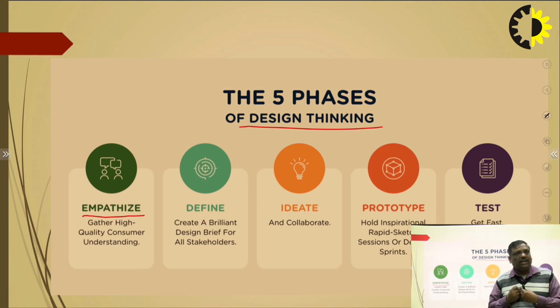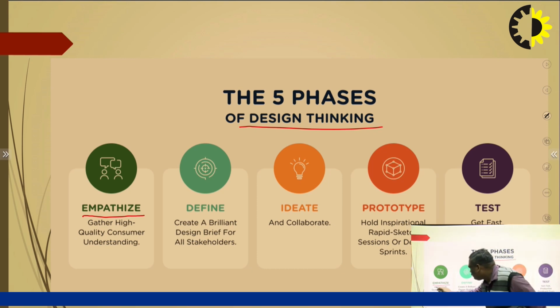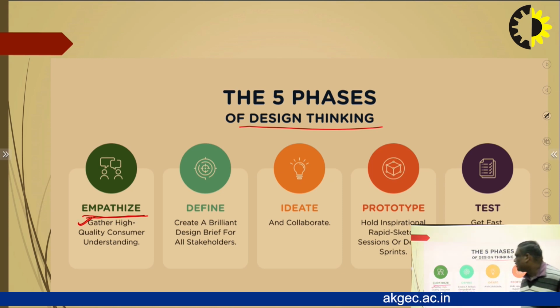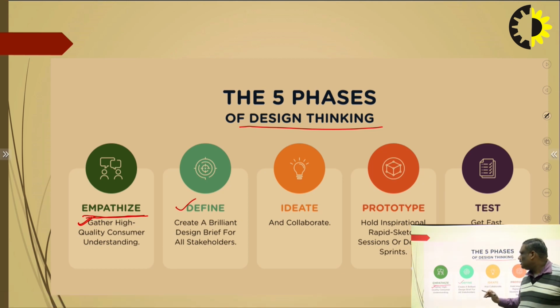To create a higher quality product, he researches a particular topic or project. Define. After finalizing the research, he defines a layout, a brilliant layout for the client or stakeholders. So this comes under define. Ideate means challenges are there, some assumptions are there.